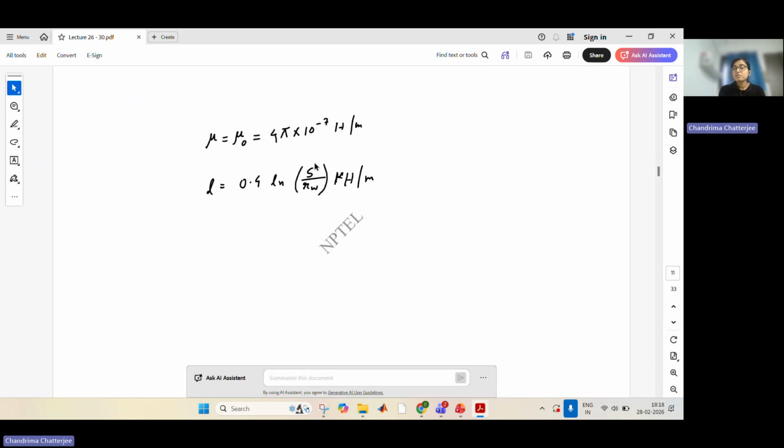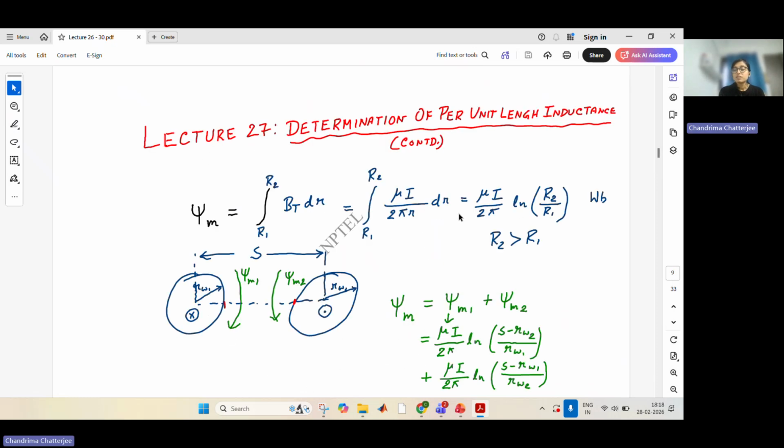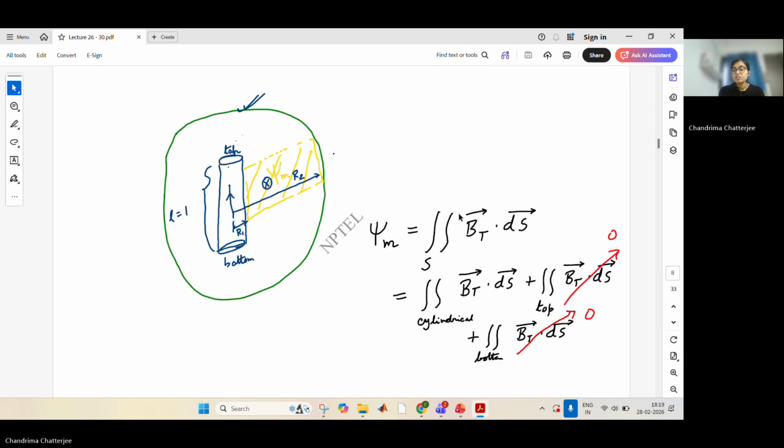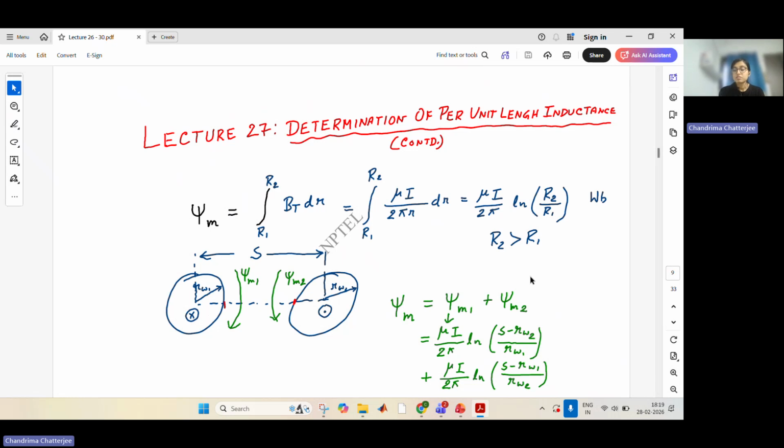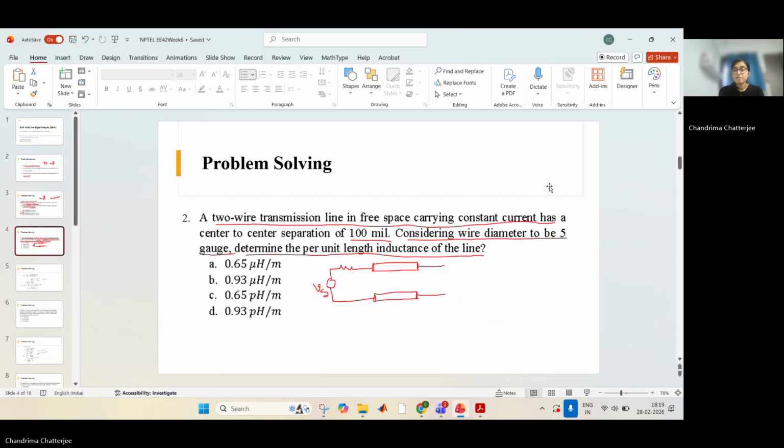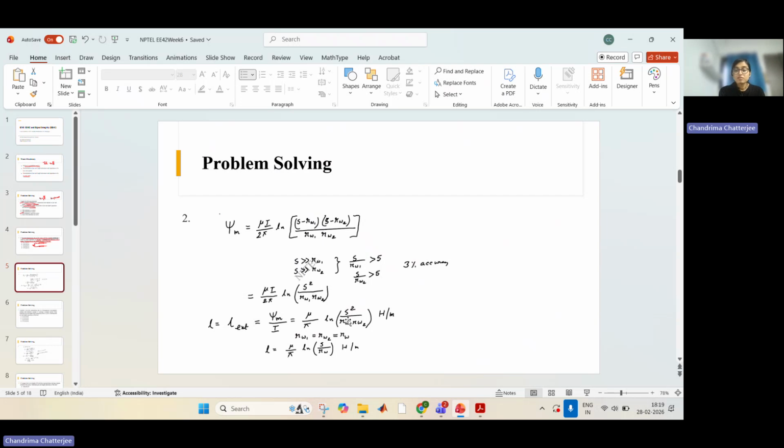Okay. And if we represent it in terms of microhenry, then 0.4 ln S by Rw microhenry per meter, right? So all this comes from the basic laws: Ampere's law, Faraday's law, and Maxwell's equations. From these basic laws we can find out the expressions. Now we can find out the answer, right?